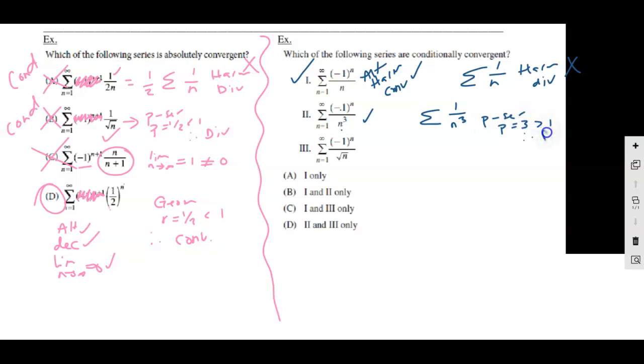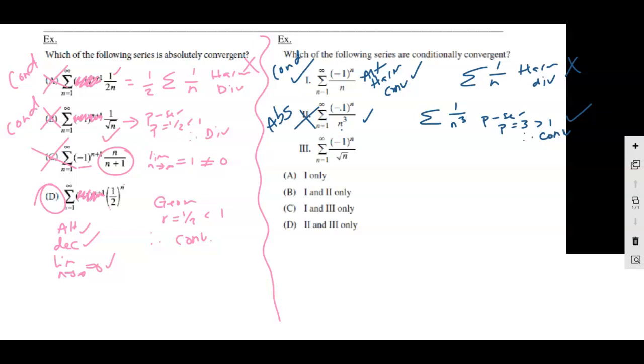So that one is going to end up converging by the p-series test. So this one's actually absolute convergence. First one was conditional, and the second one was absolute convergence. It worked, and when I took the absolute value, when I made it bigger, turned all the negative stuff positive, it still worked. So that one was absolutely convergent.